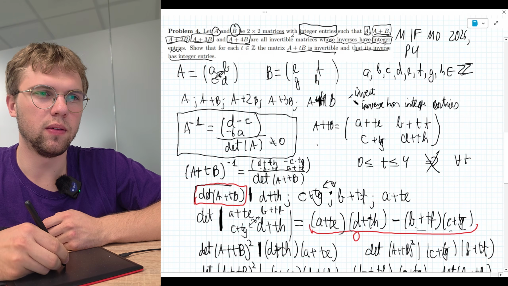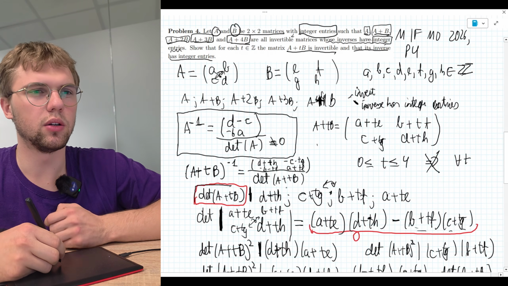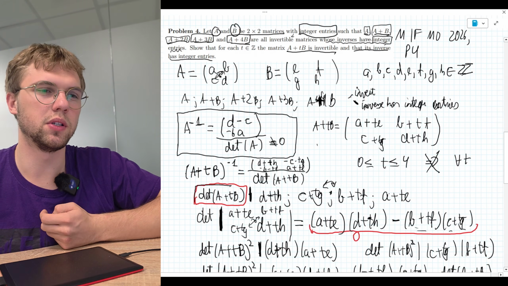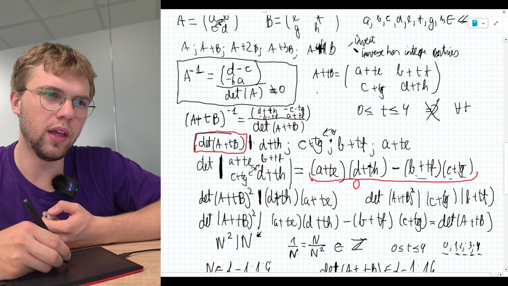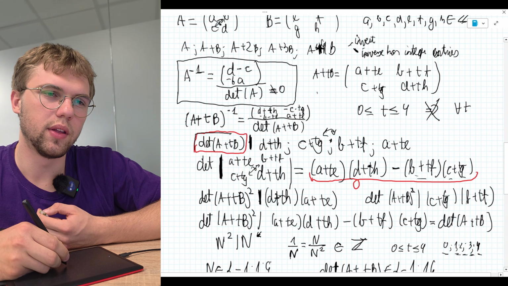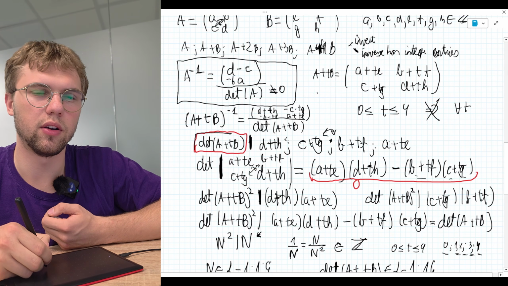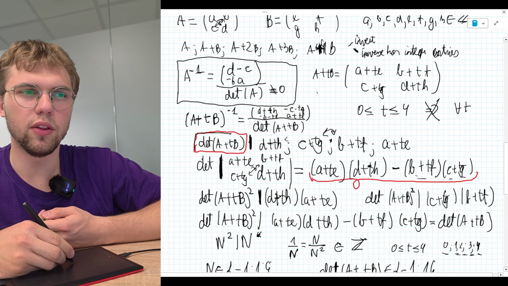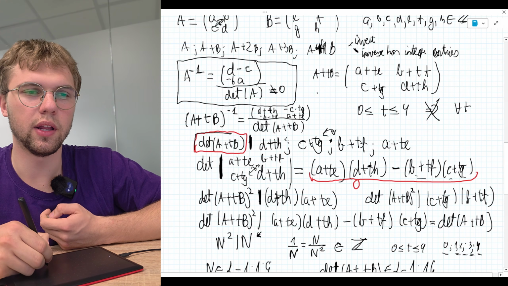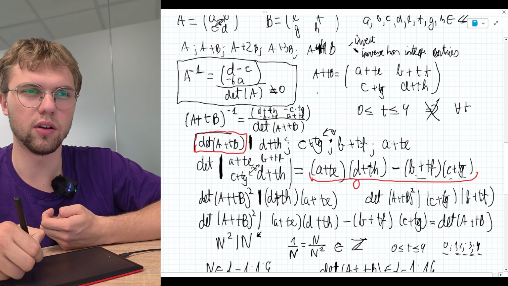So we know that this determinant is not zero. And then, since it's not zero, we can start off with some divisibility tricks. And then you get that the determinant of these must divide all of these terms. But if you explicitly write the determinant out, you get that the determinant is the product of these terms.